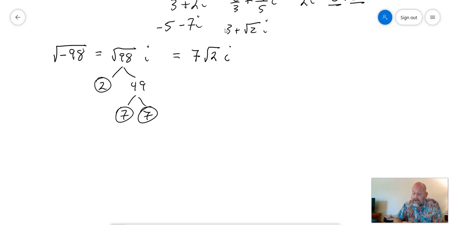Right? And be careful in your notation to make sure that it's clear that the i is not inside the root. The way your book organizes it, they put the i right there after the root, and I think that's dangerous because it makes it look like the i is in the root. So alternate notations, a lot of the time you will see the i written before the root. So you'll see things like this answer, for example, would be 7i root 2.